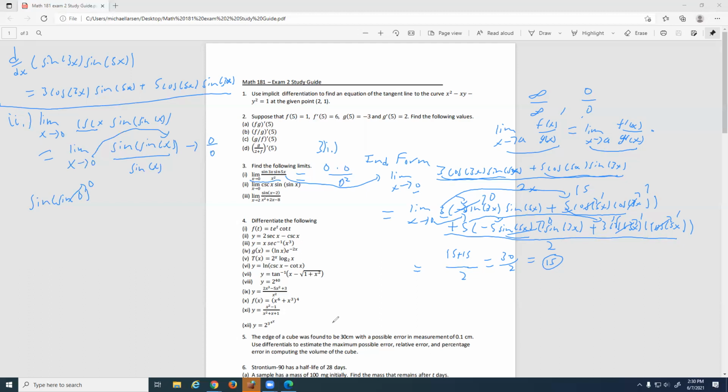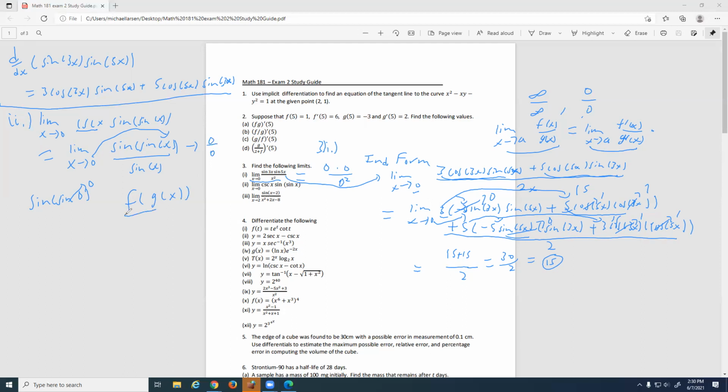Could we use the chain rule in the numerator? What do you mean by chain rule? Like f of g of x. Let's see. So f of g of x, so like the limit chain rule? Yeah, shoot. Let's see.